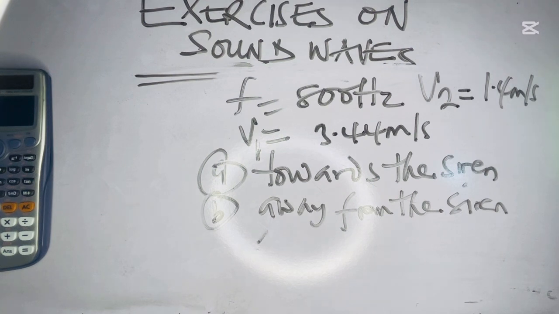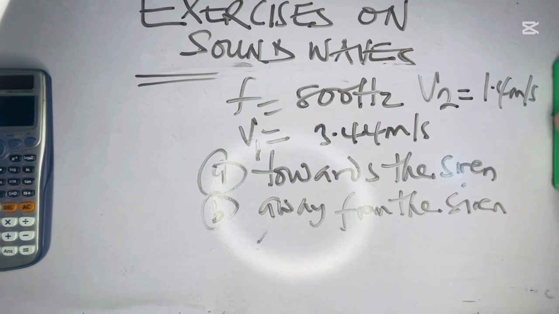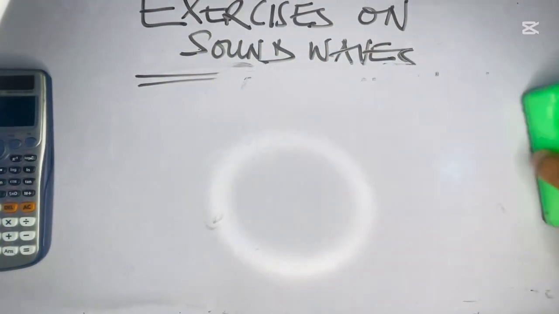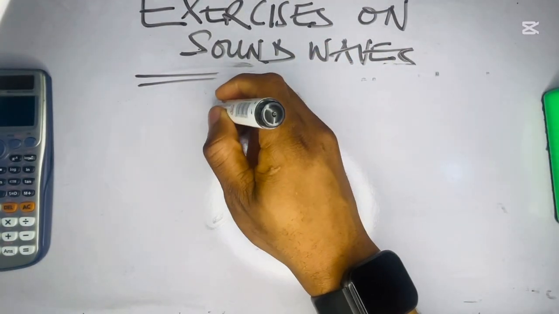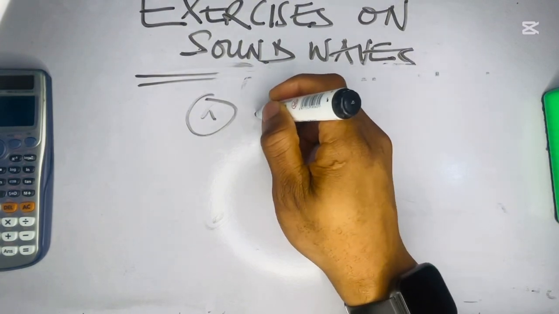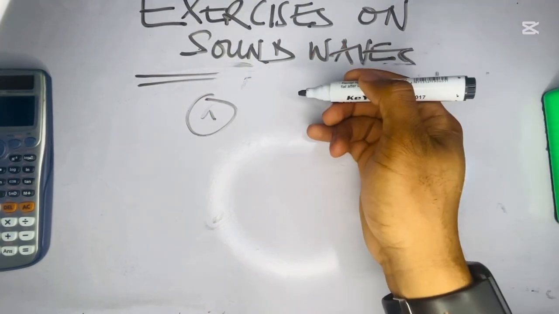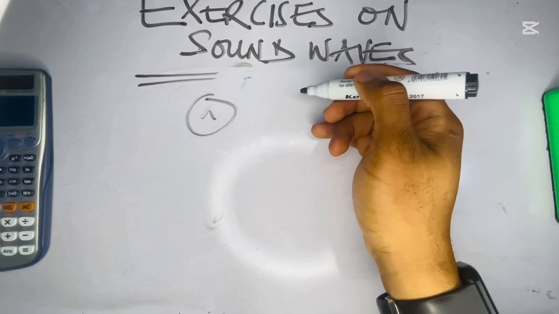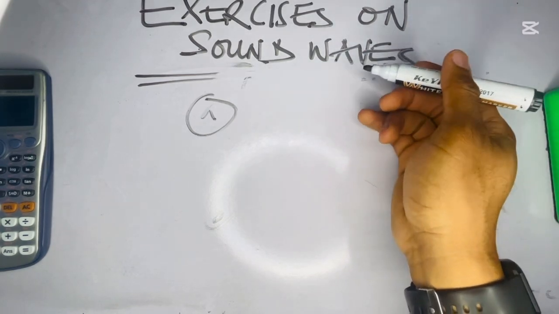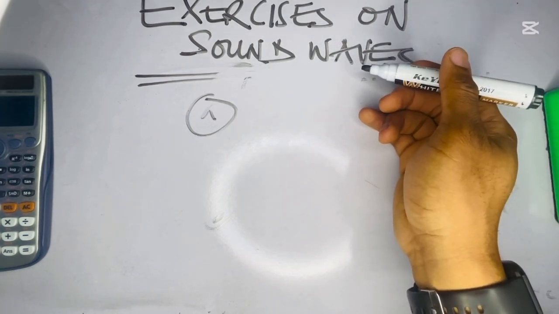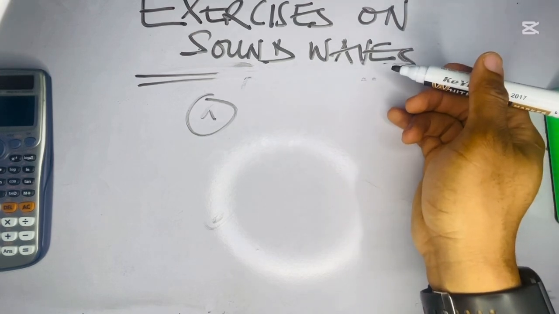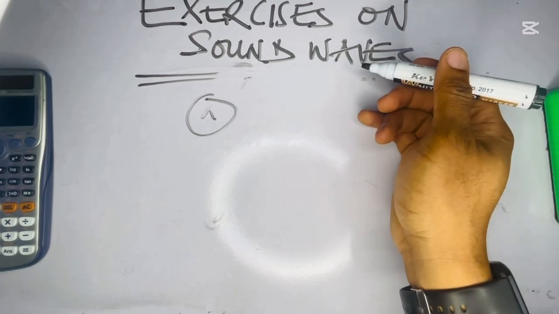First of all, stating the formula we are going to make use of here. We are looking for two frequencies: F1, towards the siren, and another frequency, away from the siren. Let's check the first one.